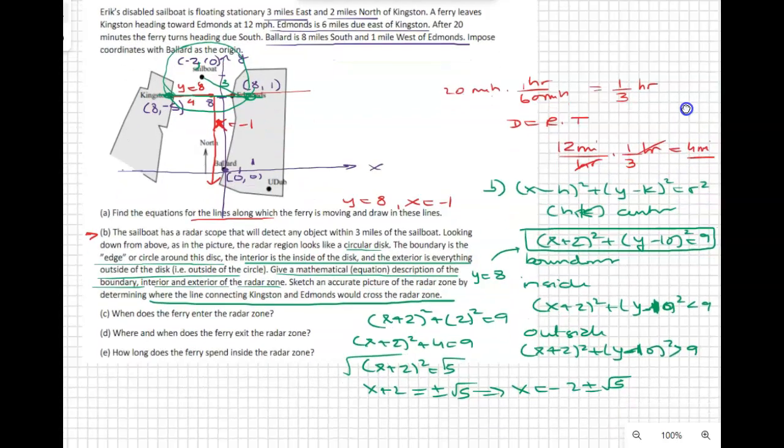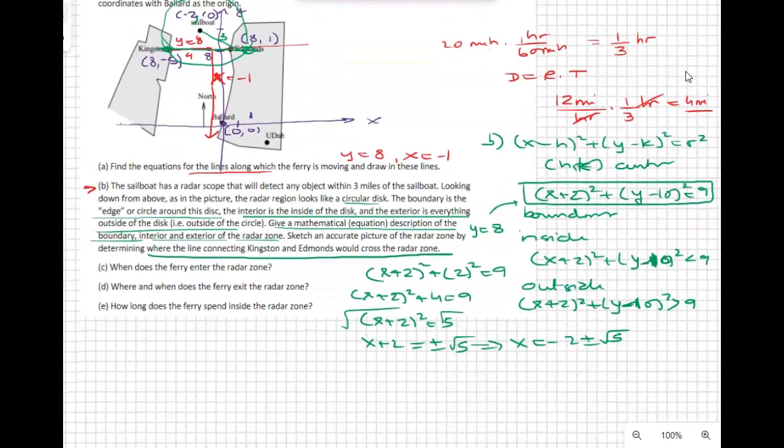Alright, so let's do the math. We have 2 points where it's crossing: x equals -2 minus the square root of 5, which is -4.24, and x equals -2 plus the square root of 5, which is 0.24.